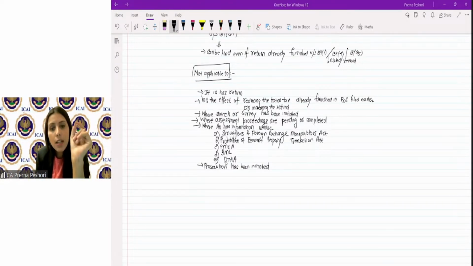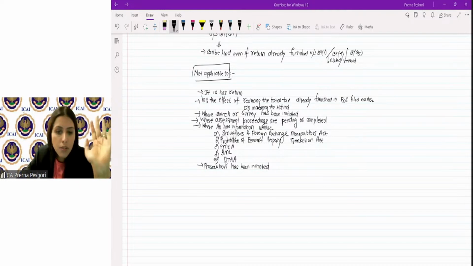So updated return can be filed even if original return has been filed, a loss return has been filed, or a return has not been filed. So you will be allowed to file the updated return. Are we clear?